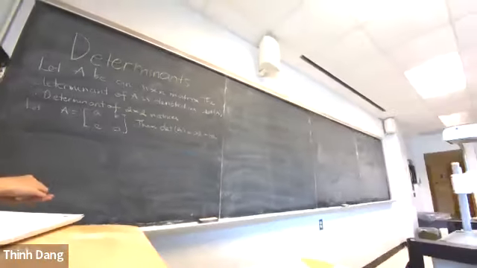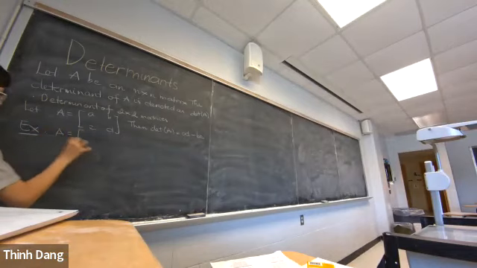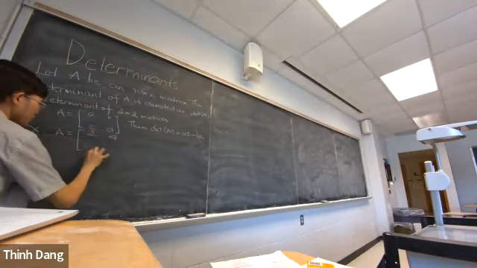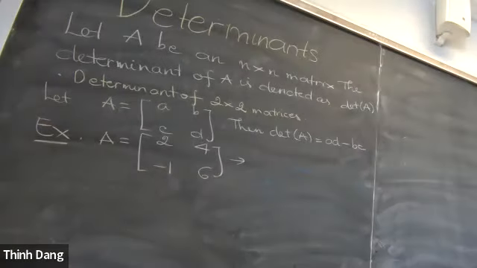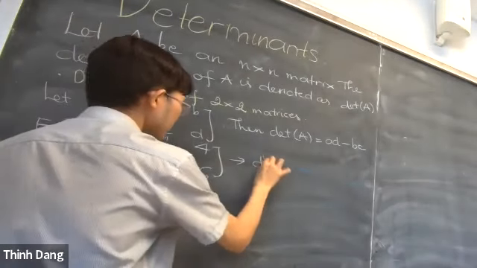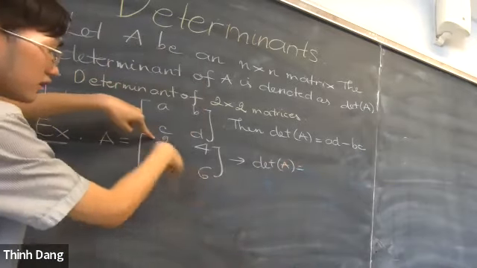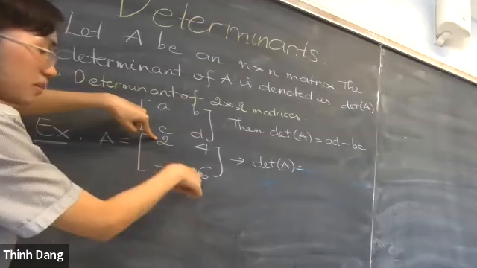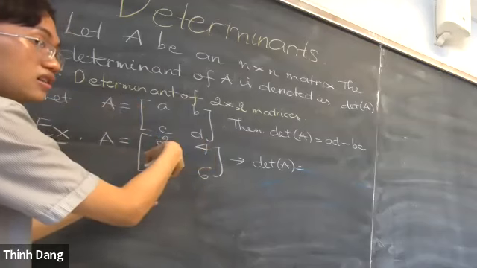This is the definition of the determinant of a 2 by 2 matrix. It is pretty easy to follow, right? Let's have an example. Suppose A is the square matrix 2, 4, -1, 6. According to the definition, we take the product of the two entries on the main diagonal and subtract the product of the other two entries on the other diagonal.